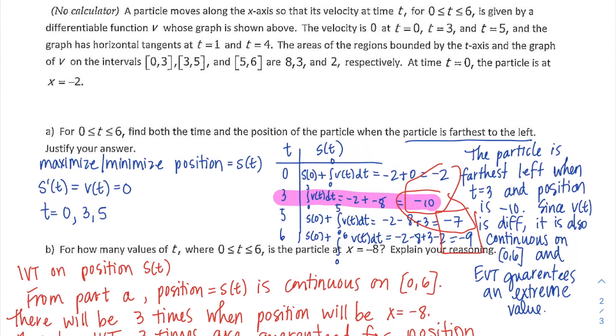So I'm using my chart, I'm establishing my different y value intervals, and since negative 8 falls into the y values of the intervals 0 to 3, 3 to 5, 5 to 6, there's got to be a time in there where the t value would also be.